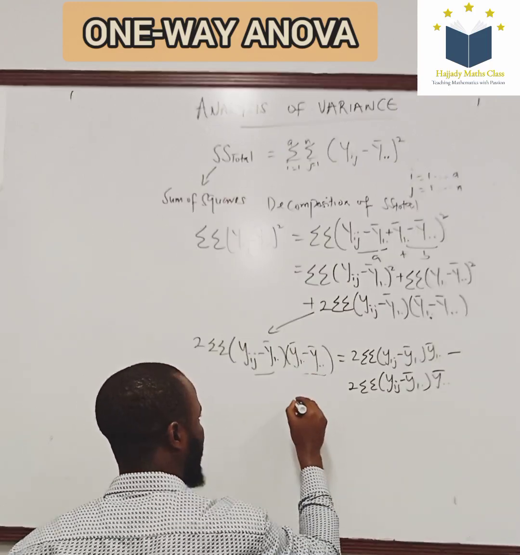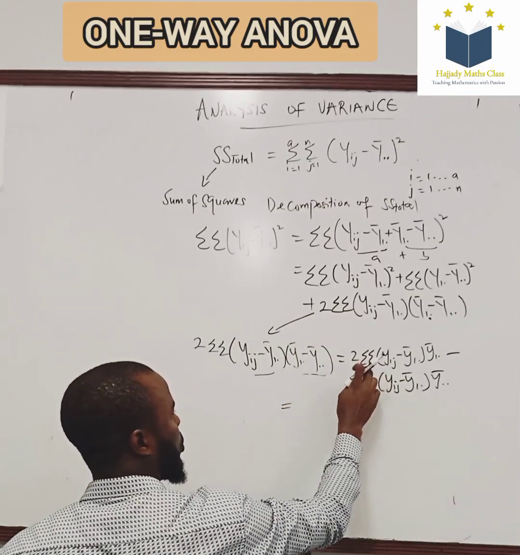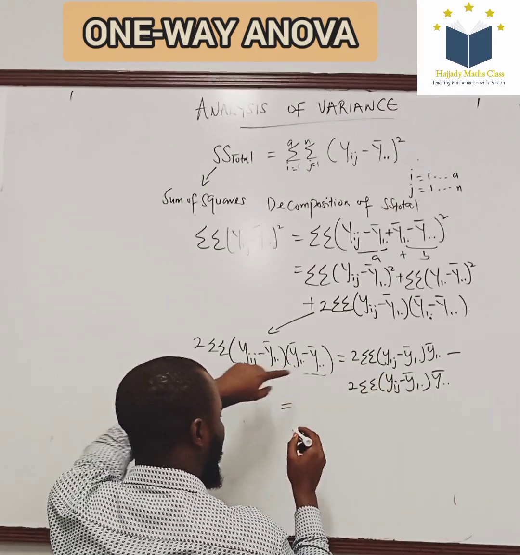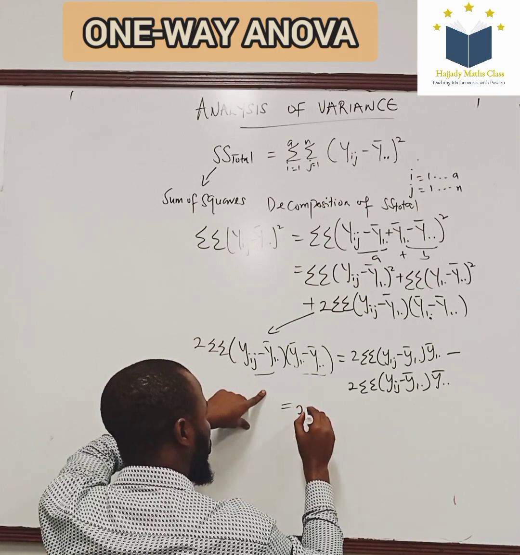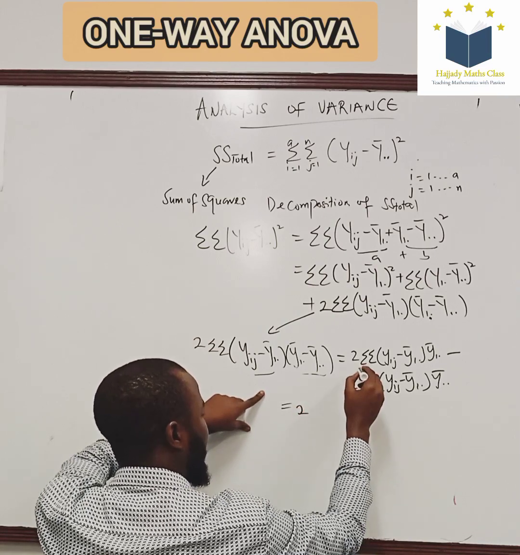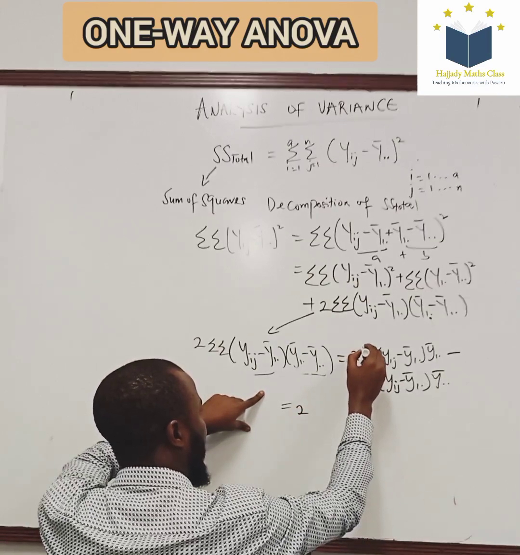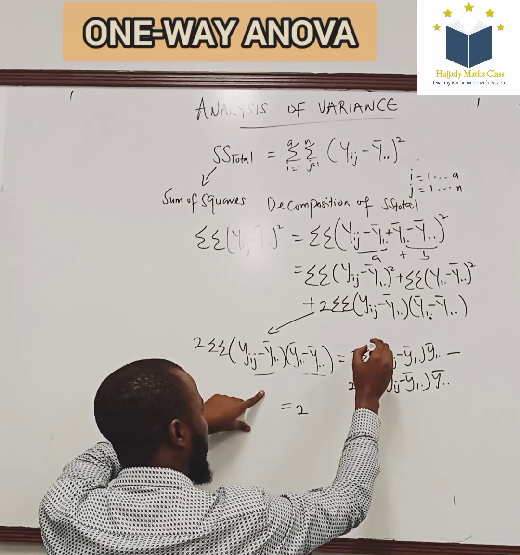So with this, solving this is the same thing as you having 2, and don't forget, I ranges from 1 to A, my J from 1 to what?